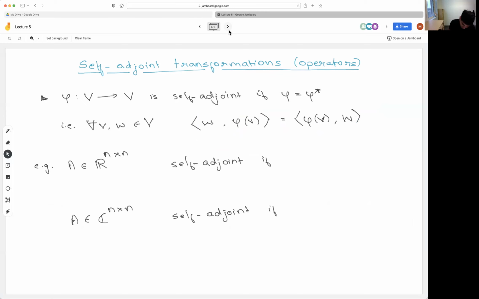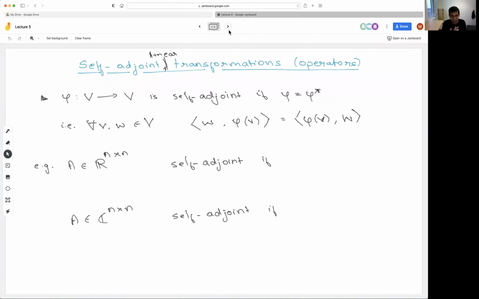I'm certainly talking about linear things. And we call a transformation from V to itself self-adjoint if it is equal to its own adjoint.